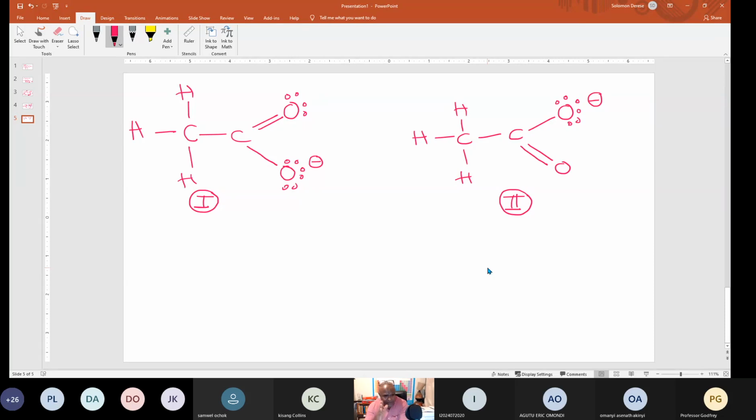I have discussed this in the previous lecture. So when an element forms less than the number of bonds it usually forms, it becomes negatively charged. When it forms more, it becomes positively charged. The simplest example we can use is water, I mean oxygen. In H2O, oxygen forming two bonds with the two hydrogens is neutral.